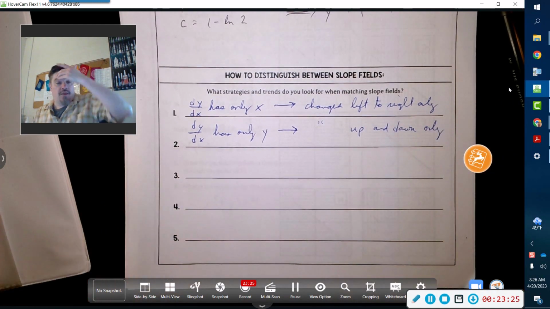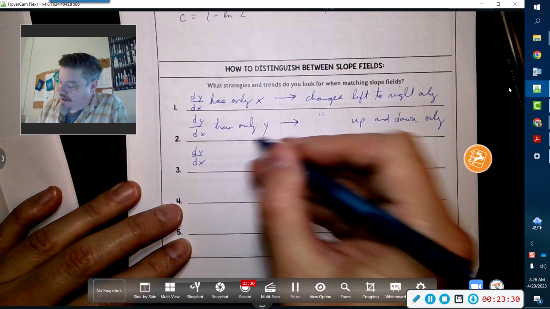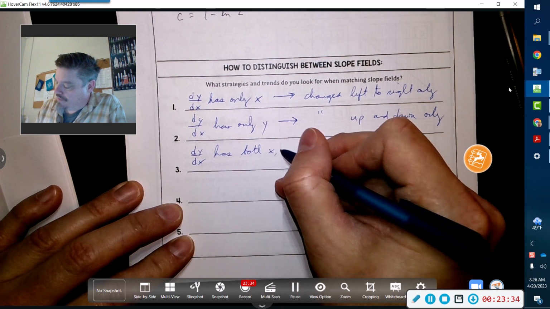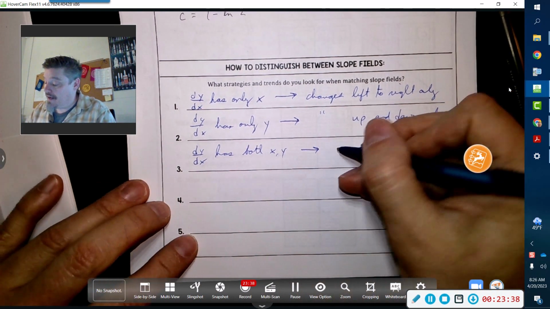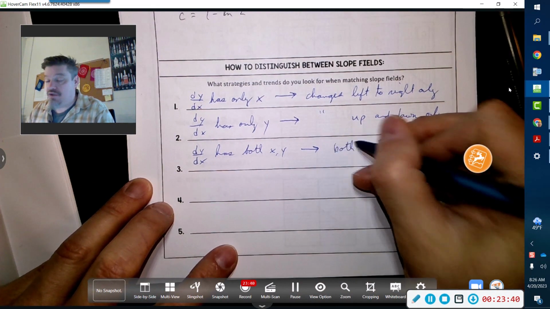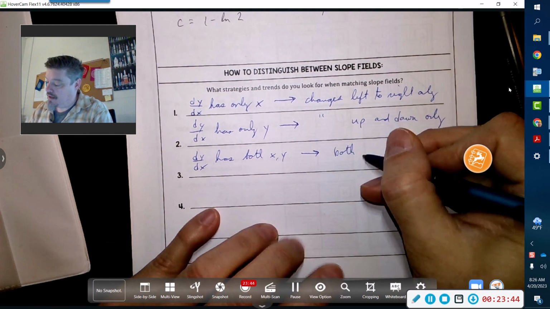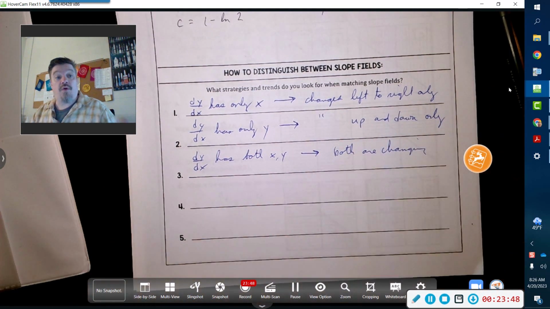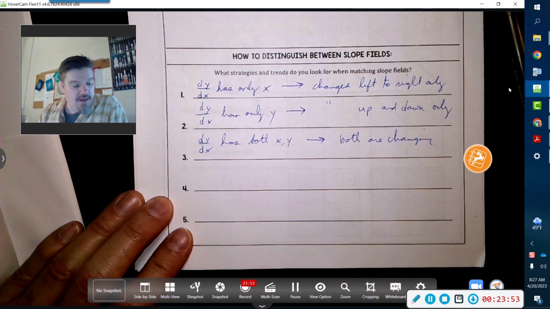Now if you've got both x and y, then both are going to change simultaneously, and you're going to get a lot of funky changes. Those are the ones you want to watch out for. These are the easy ones to spot. What else?